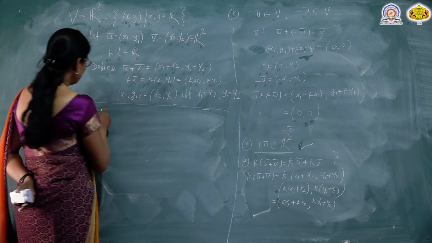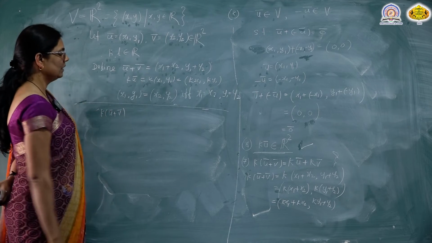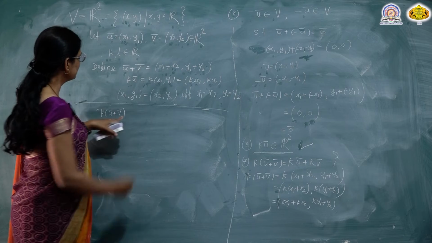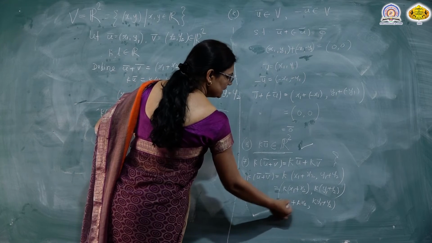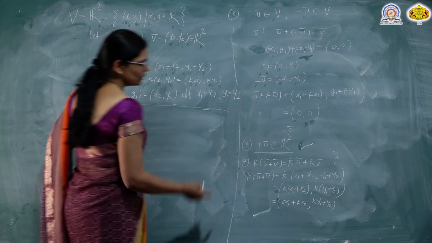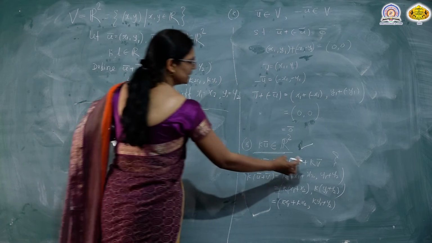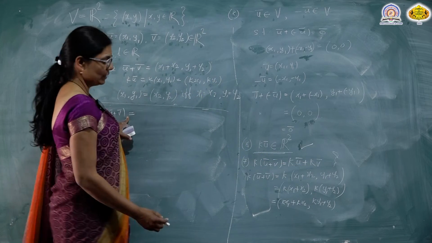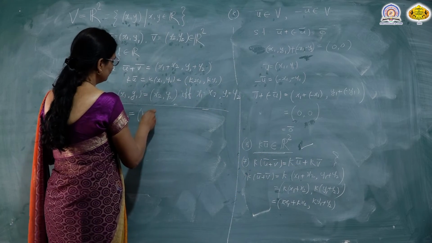So I write the left hand side as it is: k times (u bar plus v bar) equals, now continuing with this one, this vector can be written as the addition of two vectors, because we are interested in k times u bar plus k times v bar. So this vector can be split as the addition of two vectors.